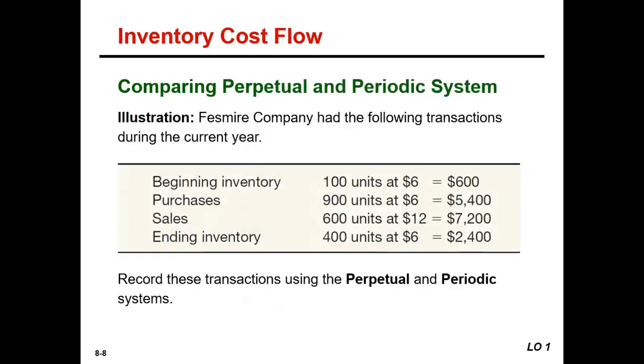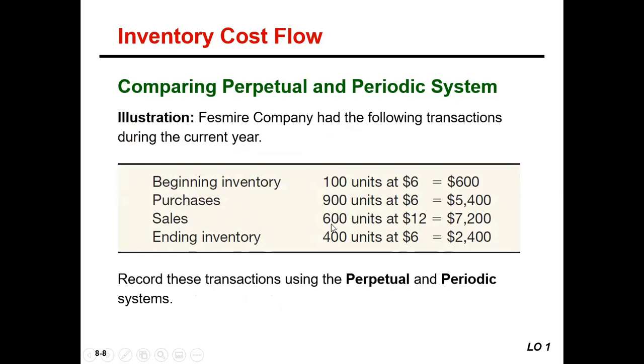All right, so comparing these two systems. Based on this information, we had beginning inventory of 100 units at $6 each, which would be $600. We had purchases of 900 units at $6 each, which would have been a total cost of $5,400.